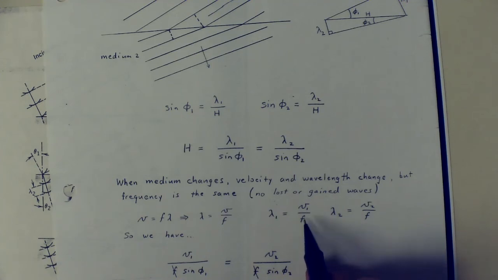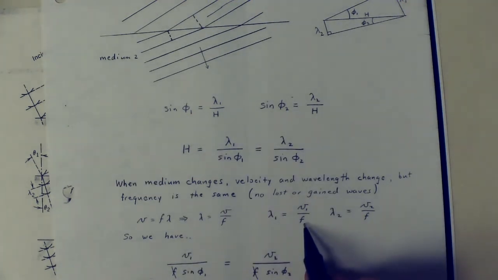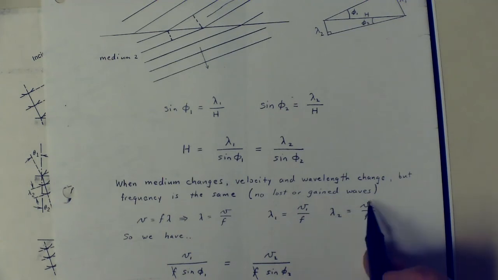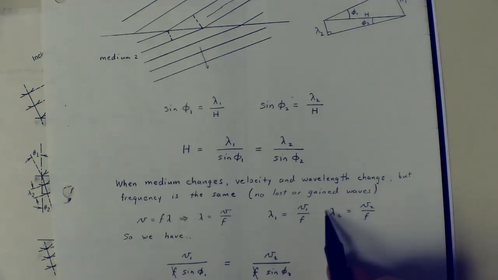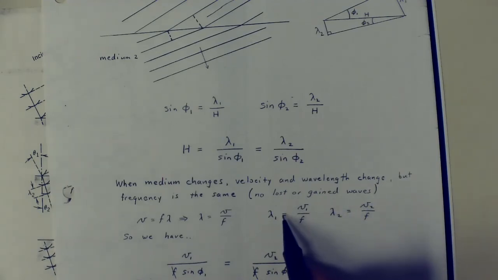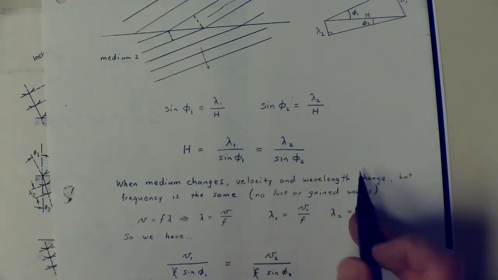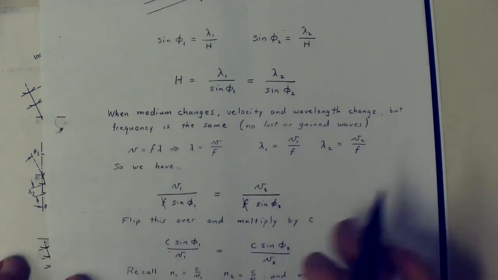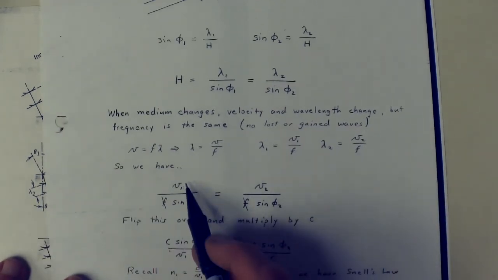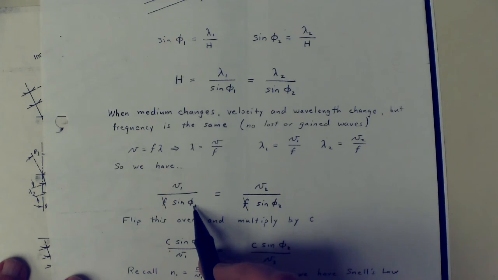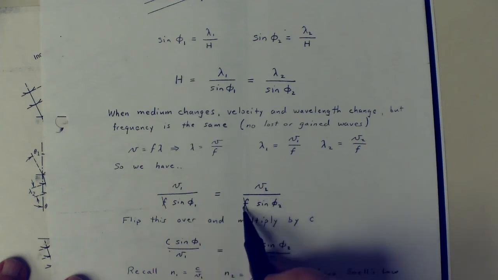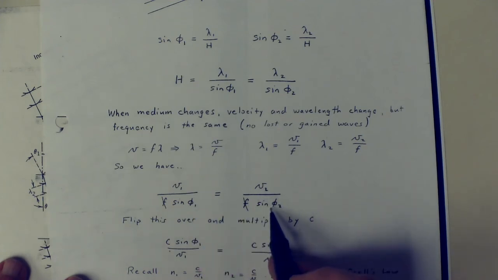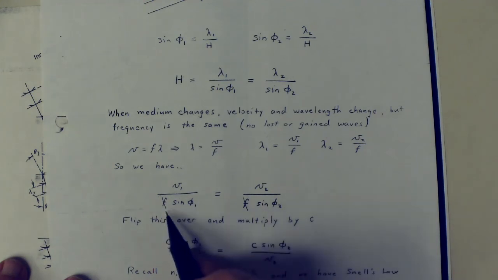The frequency is the same. I don't need an index there. They have the same frequency. And similarly, lambda 2 is V2 over f. And then what I'll do is substitute these expressions for lambda 1 and lambda 2 into this equation up here. And what we get down here is V1 over f over sine phi 1 equals V2 over f over sine phi 2. And now the f's are the same, so we can cancel them out.